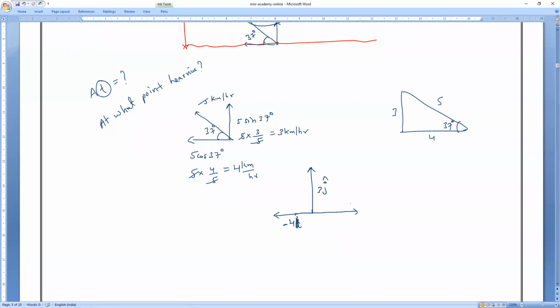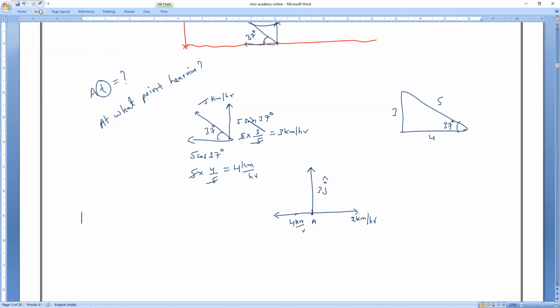Verify it. 2 kilometers per hour. Okay, guys, others, understood or not? So he is trying to swim in the minus x direction at 4 kilometers per hour. Forget about the minus also, so I will remove it. So this is what I have found now.